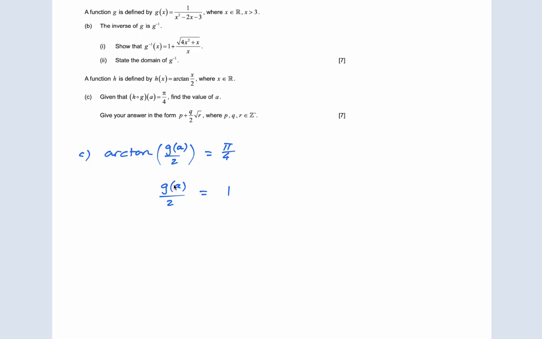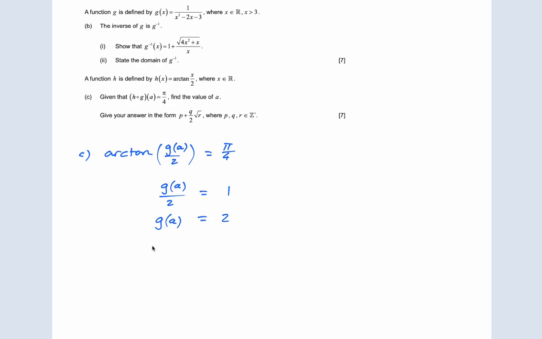We just need to do g of a over 2. Now, I could rearrange this, guys, just to make it a bit easier. g of a equals 2, because g of a over 2 equals 1, multiplied across by 2.